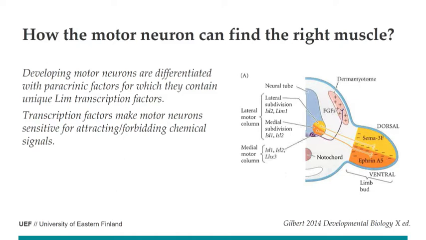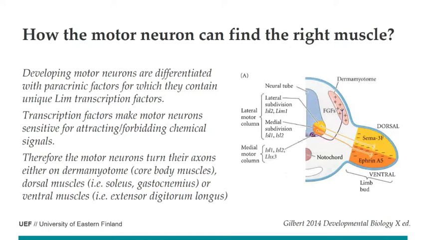For example, in the medial motor column, which has 3 different limb transcription factors, the axon will first go directly to the limb, but then it will turn maybe 90 degrees to go to the dermomyotome.